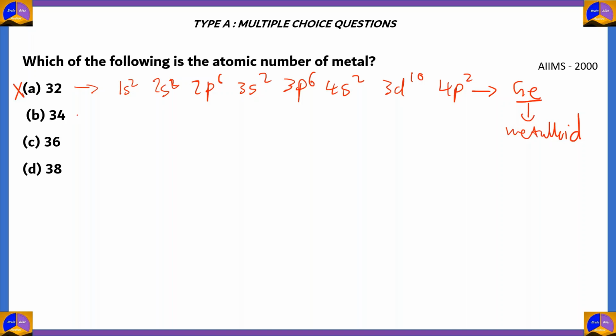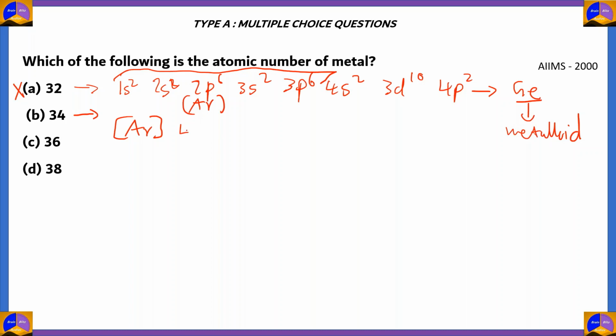What about option B, the number 34? Now, 1s2, 2s2, 2p6, 3s2, and 3p6 all constitute the electronic configuration of argon. And so when we're writing elements which have atomic numbers higher than argon, we use the notation argon first to denote till 3p6 and then continue our notation. This makes the notation easier.